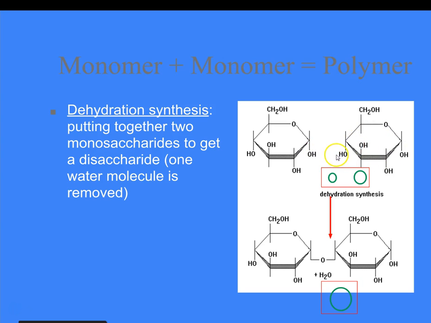When this happens, you end up exchanging these OH atoms connecting to one of these hydrogen atoms. Those connect together in a chemical reaction and are removed in the process. As they are removed, they produce H2O.